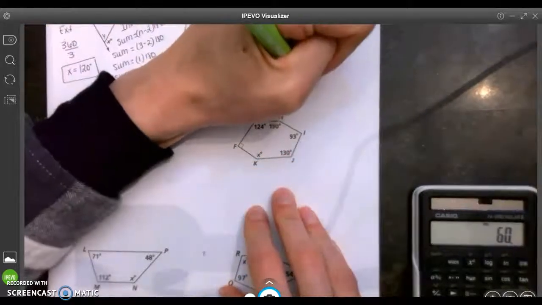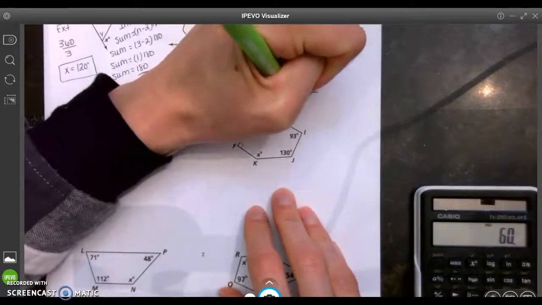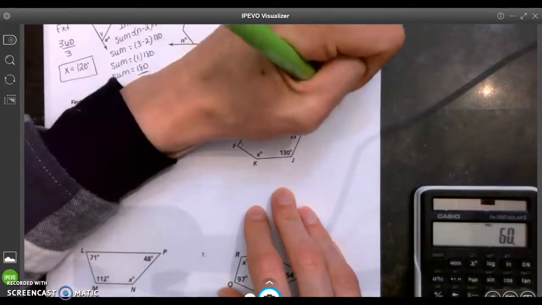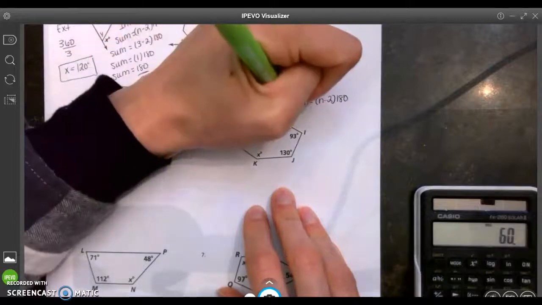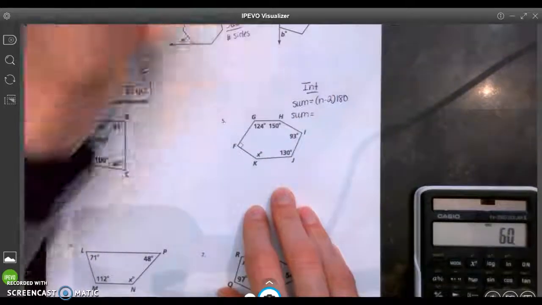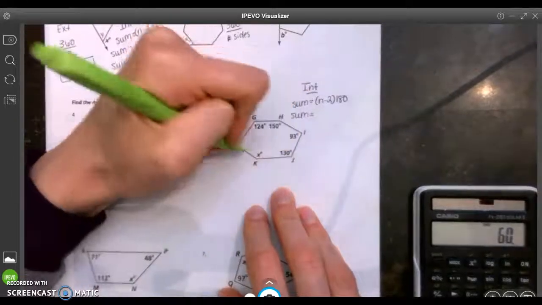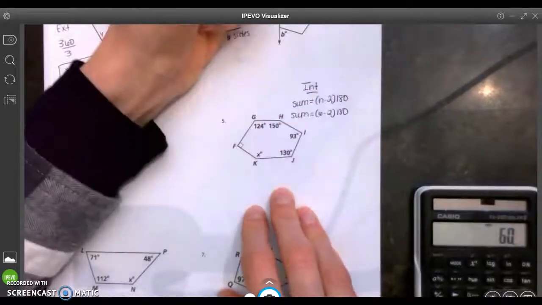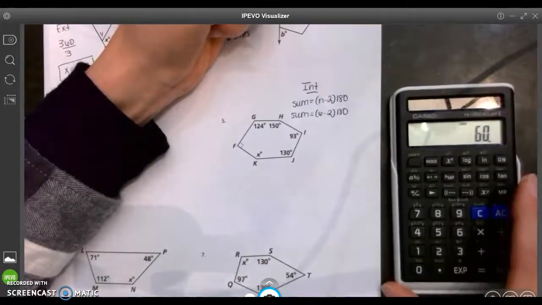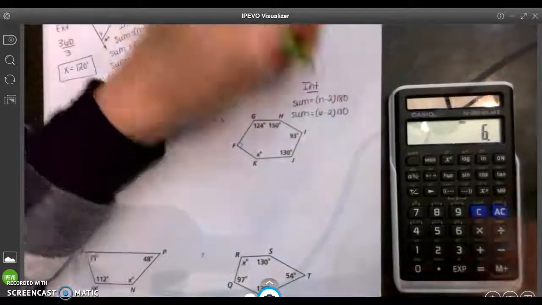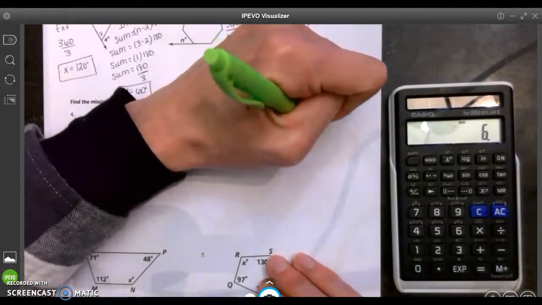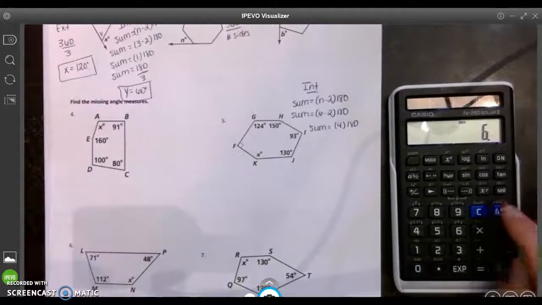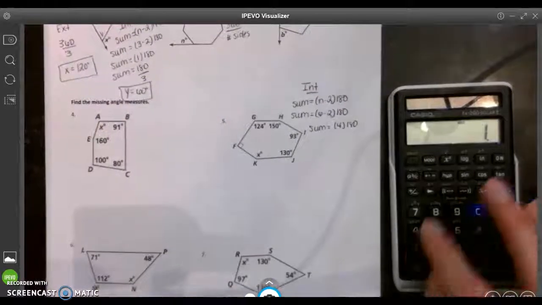So I need to use sum equals n minus 2 times 180. I want the sum, and the number of sides is 1, 2, 3, 4, 5, 6. So 6 minus 2 times 180. 6 minus 2, I don't know why I'm using the calculator, because 6 minus 2 is 4 times 180. So now we want to do 4 times 180.